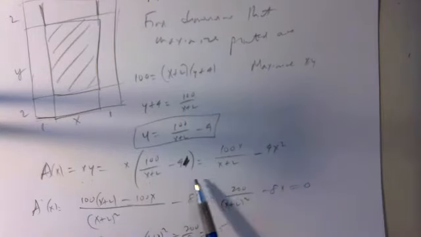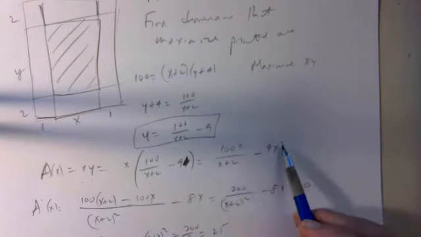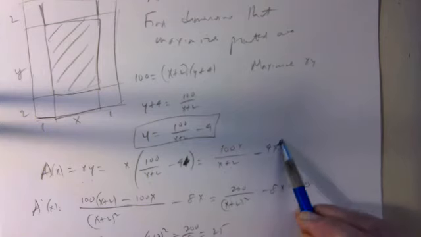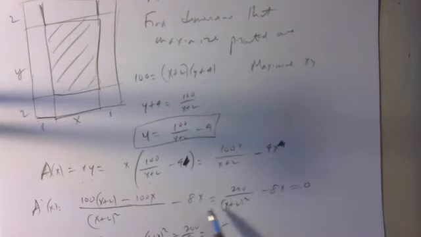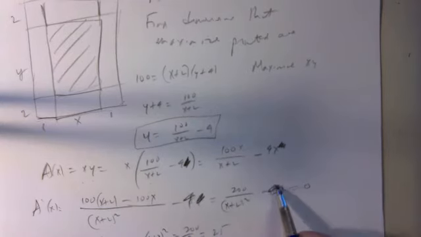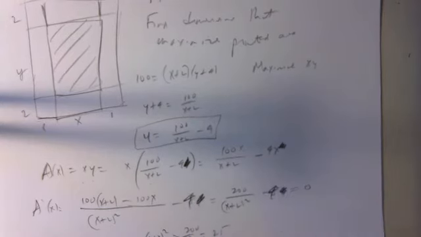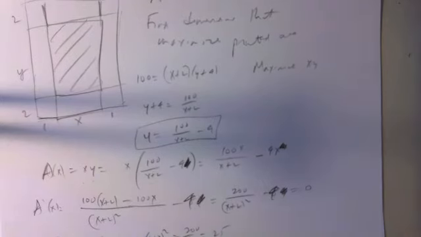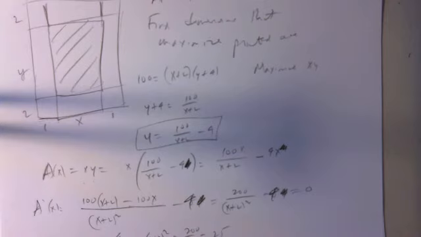So this is 100x over x plus 2 minus 4x. So when you differentiate, this is just minus 4. Perfect. So this means that 200 over x plus 2 squared equals 4. So x plus 2 squared is equal to 25.